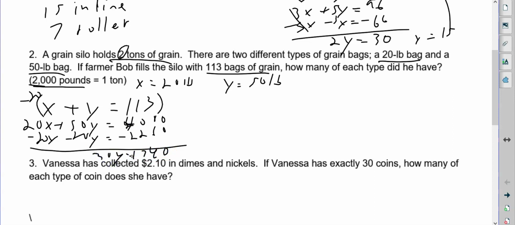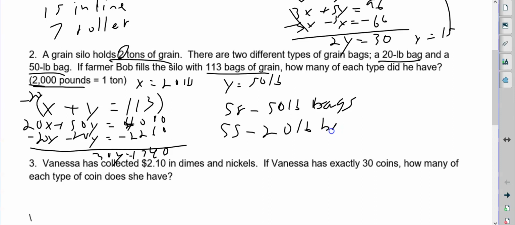So if I divide that number by 30, I get 58. So there's 58 50-pound bags. And I subtract that from 113. And I get 55 20-pound bags. And again, if you wanted to use substitution on this, that would have been perfectly acceptable. Probably about the same amount of work.